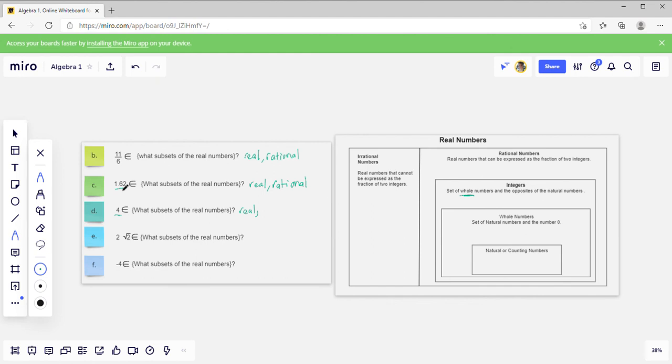It is also rational because we could write it as a fraction. It is an integer because it's a whole number. It is a whole number. And it's a natural number because we say it when we count 1, 2, 3, 4.